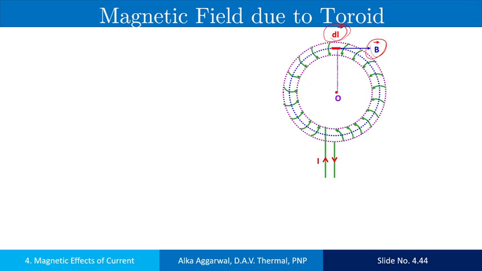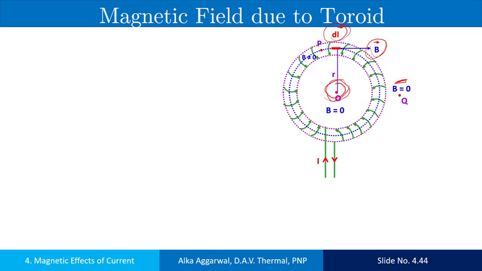O is the center of the toroid and it is at a distance r from the current element. Now at this point, the magnetic field is equal to 0. As I already told you, a toroid is an endless solenoid and you know the magnetic field outside the solenoid is 0. So we can say that the magnetic field at the center is 0 and the magnetic field in this region is also 0.